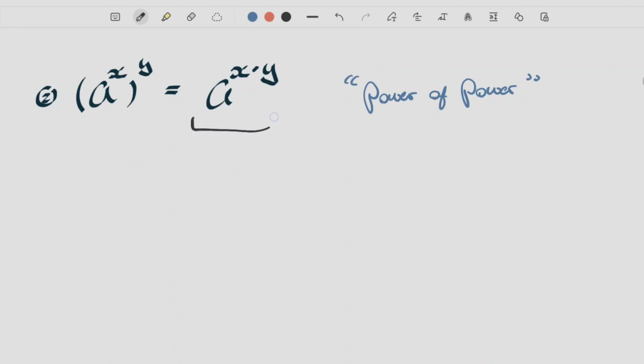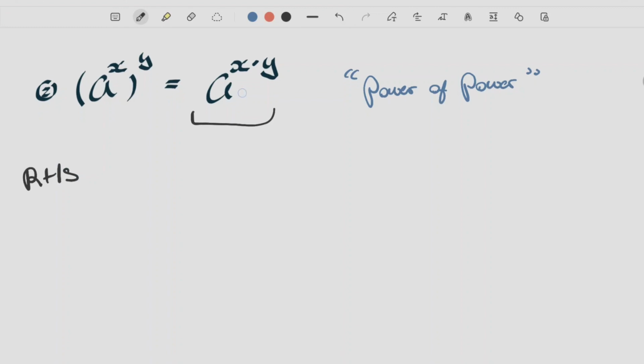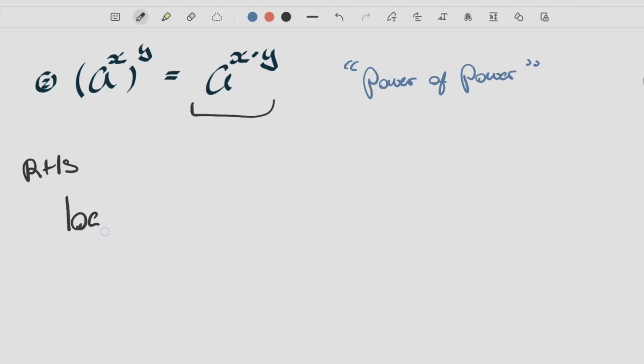So let's first look at the right hand side. Log base a of a to the x times y equals x times y.